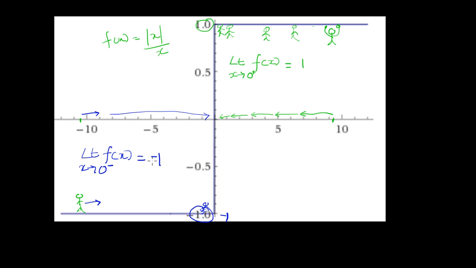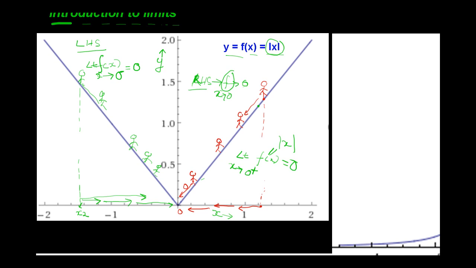Now in this particular example, we can see that the value of the function f of x when x tends to 0 from the negative direction is not equal to the value of the function when x approaches 0 from the positive direction. These two are not equal. But in the previous case, where we took the function y equals f of x equals the absolute value of x, both the limits were the same.